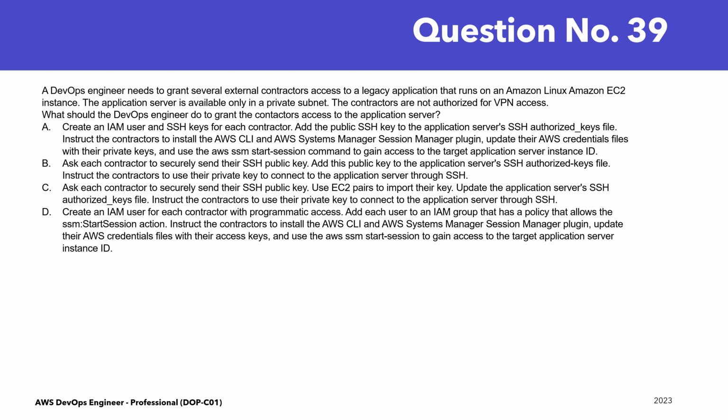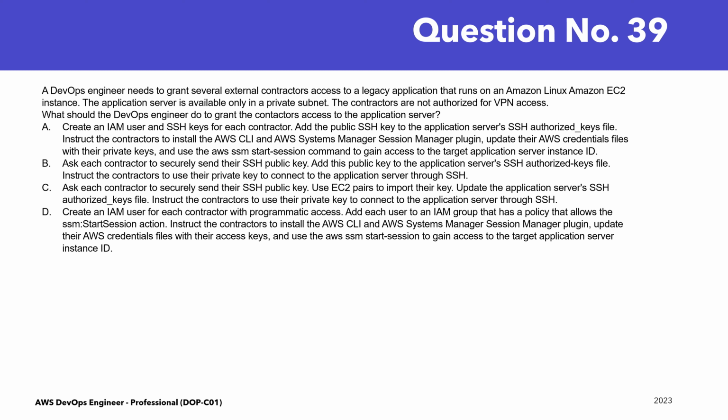C. Ask each contractor to securely send their SSH public key. Use EC2 key pairs to import their key. Update the application server's SSH authorized_keys file. Instruct the contractors to use their private key to connect to the application server through SSH. D. Create an IAM user for each contractor with programmatic access. Add each user to an IAM group that has a policy that allows the SSM StartSession action.